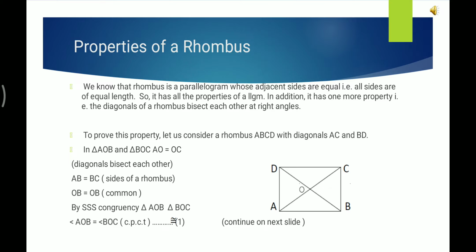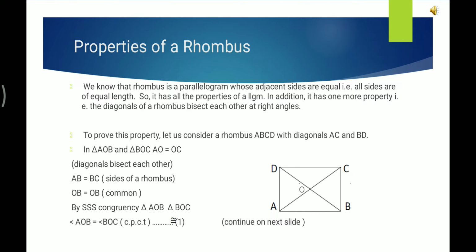We know that when two triangles are congruent, then their corresponding sides and angles are also equal. So here each angle of triangle AOB is equal to corresponding angle of triangle BOC. Each corresponding side of triangle AOB is equal to each corresponding side of triangle BOC.